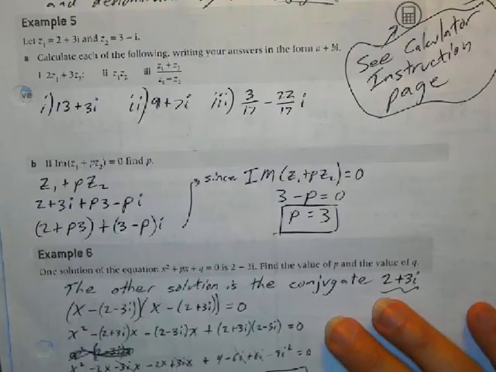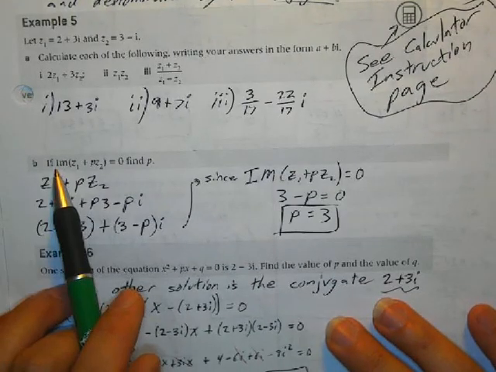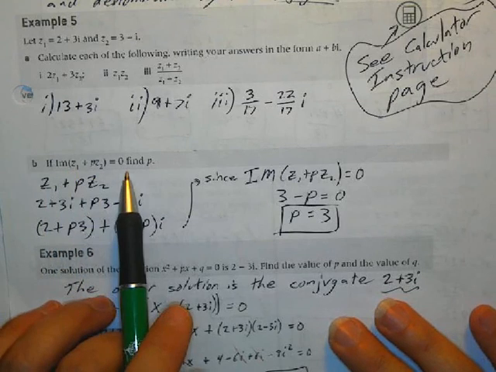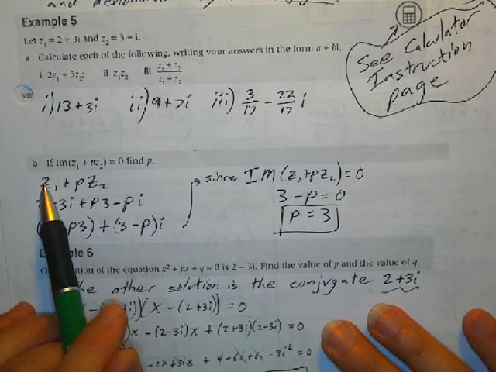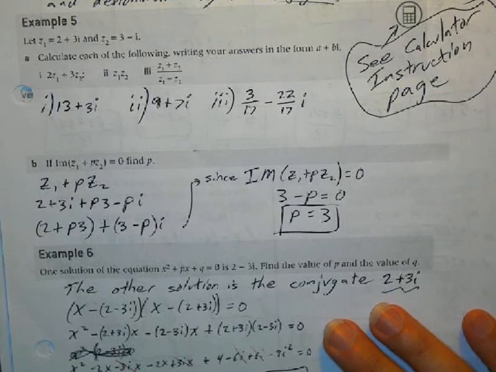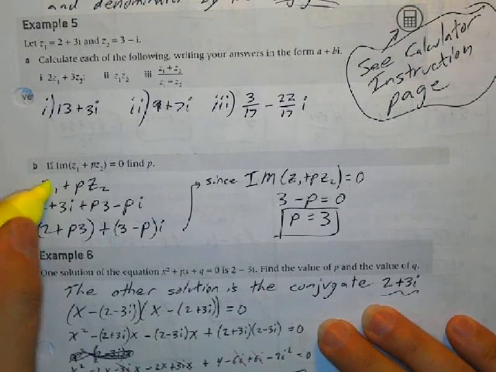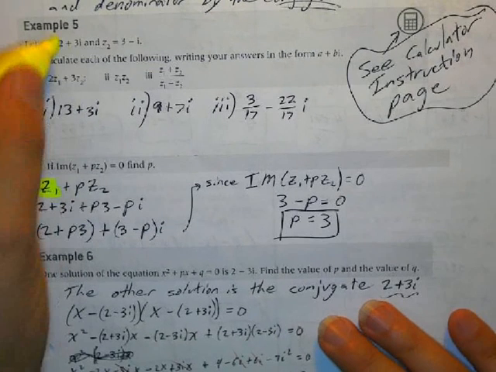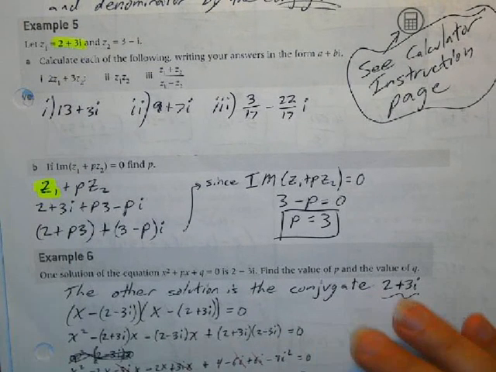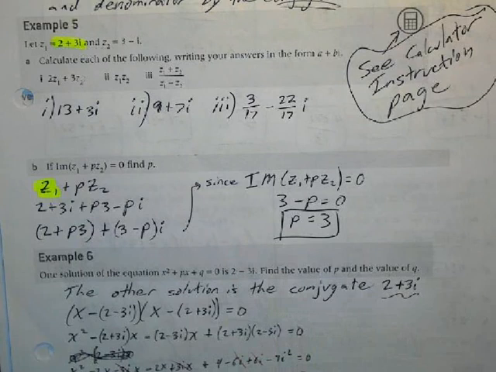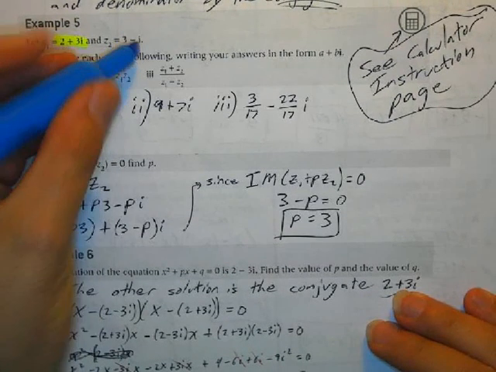Okay, this says the imaginary part of this plus this equals 0. So let's do that. So we know Z1 is this. And we know Z2 is this.